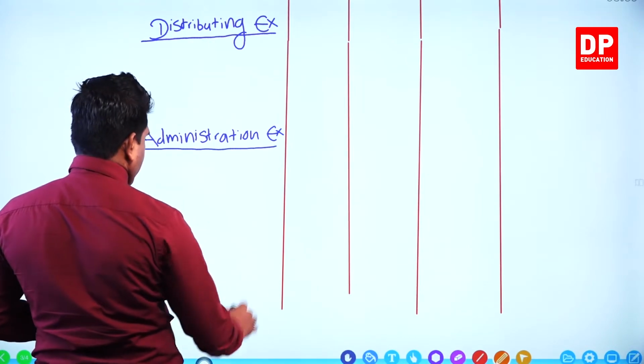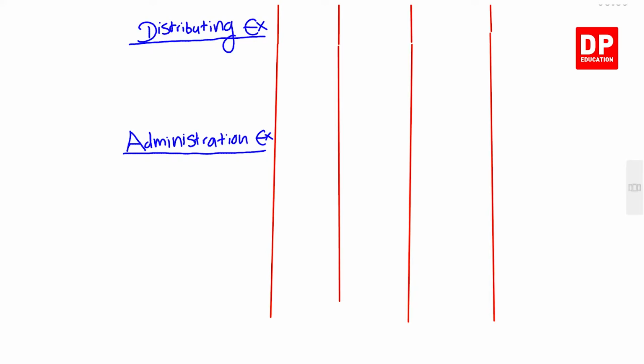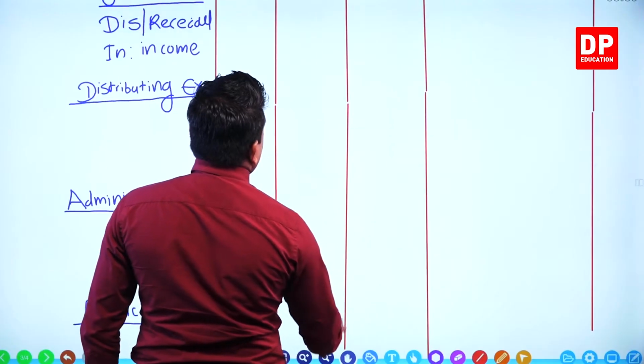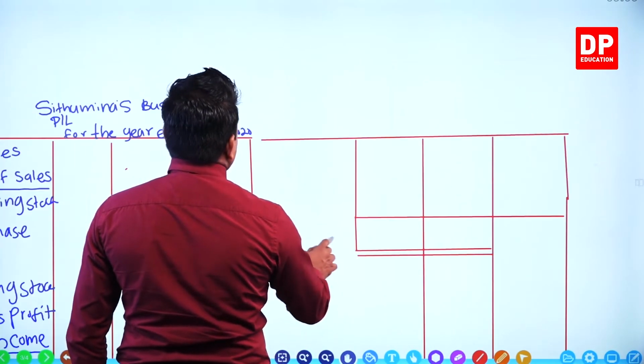Then financial expense. Okay. Now we move to the statement of financial position question, right?